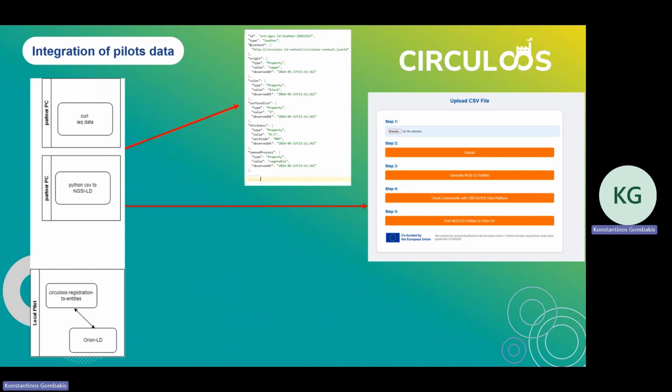Maybe you have put all the internal documents and internal processes from your shop floor there, but you only need to send the leftovers or the things that you want to sell to the other CIRCULOOS partners. So you can use this one in order to share only that data.